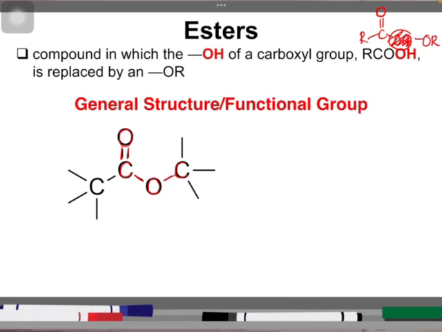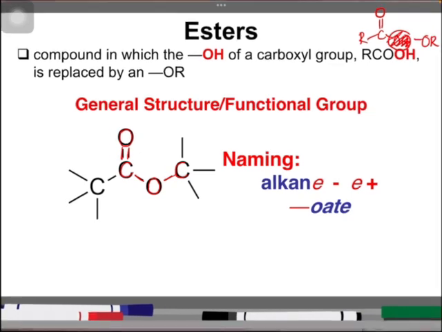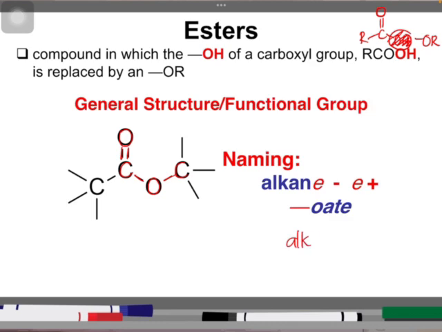So how do we name your esters? Same format: you drop the E and then add the suffix oate. So siya ay magiging alkanoate. Yung format ng name ng inyong mga compounds.